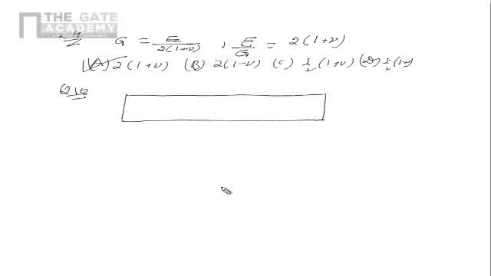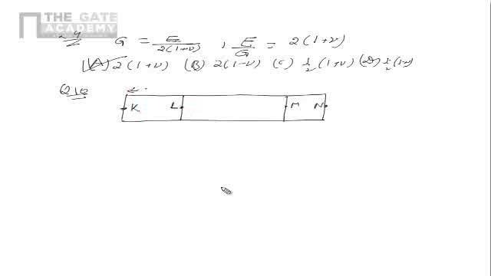It has 3 segments: one segment, another segment, and a central segment. This is called K, this is called L, this is called M, and this is called N. These are the 3 segments of the bar.